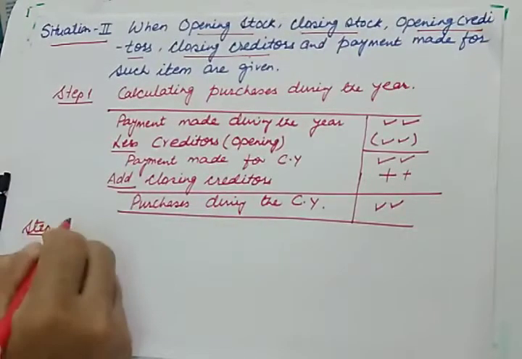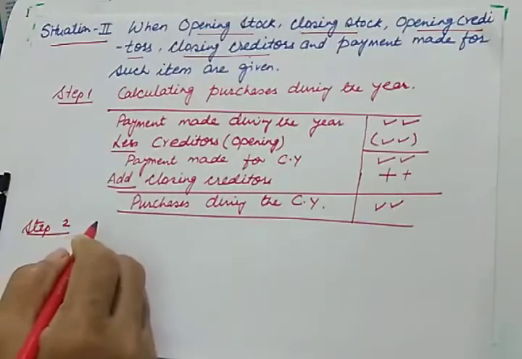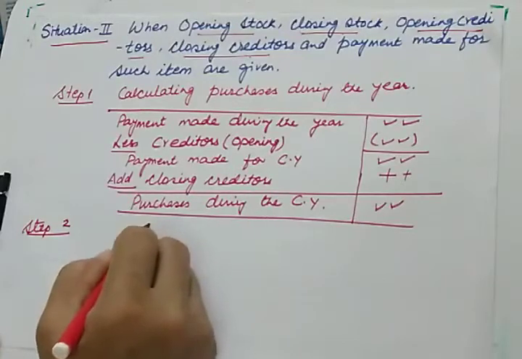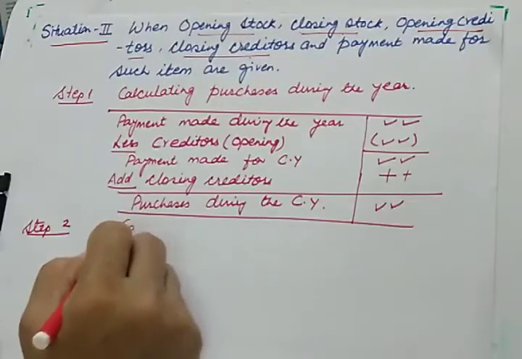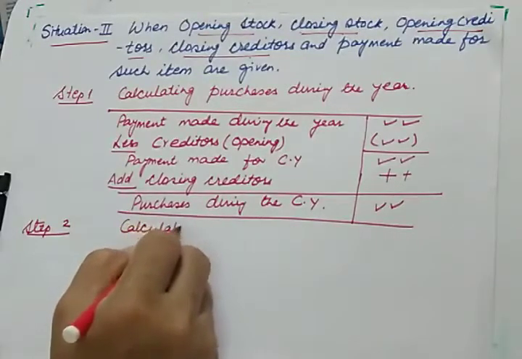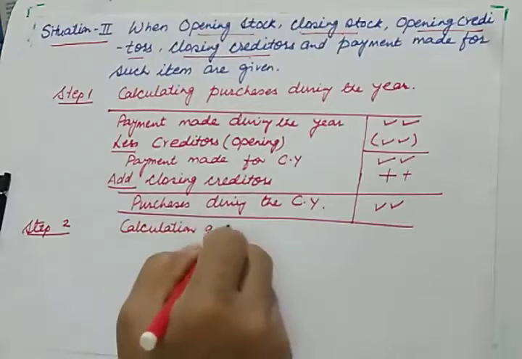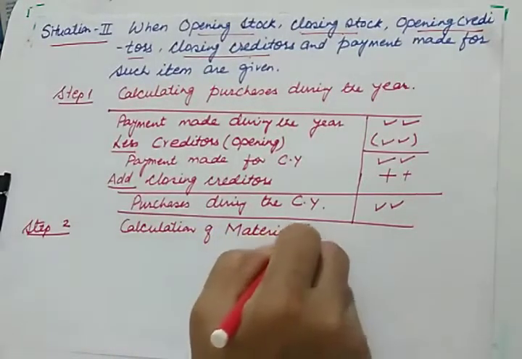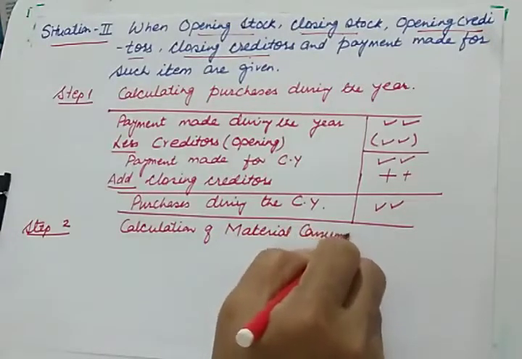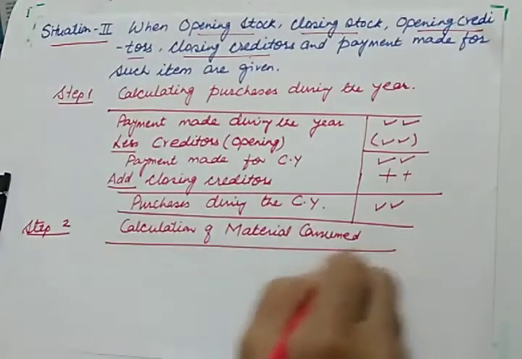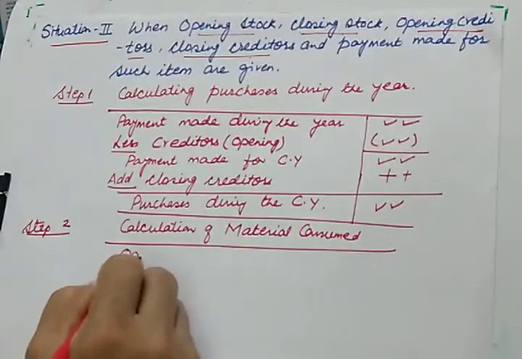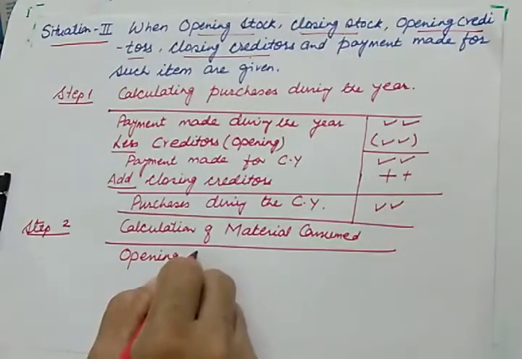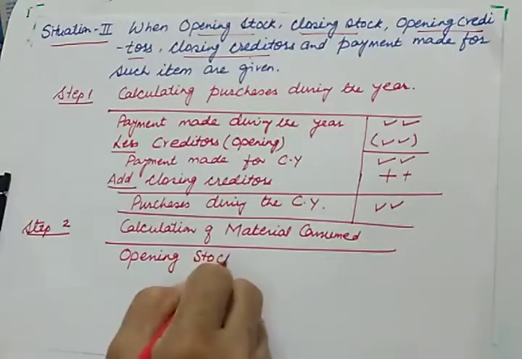What is there in step 2? In step 2, we'll be calculating goods consumed. Calculation of material consumed during the year is the same as we did in the previous case, situation 1: opening stock of these materials.